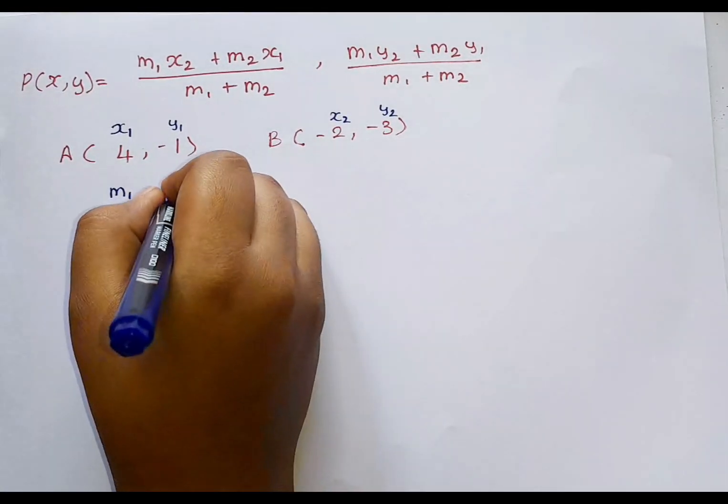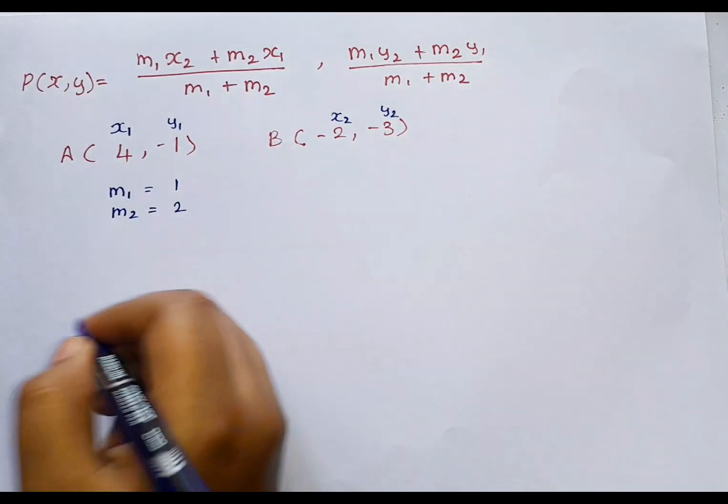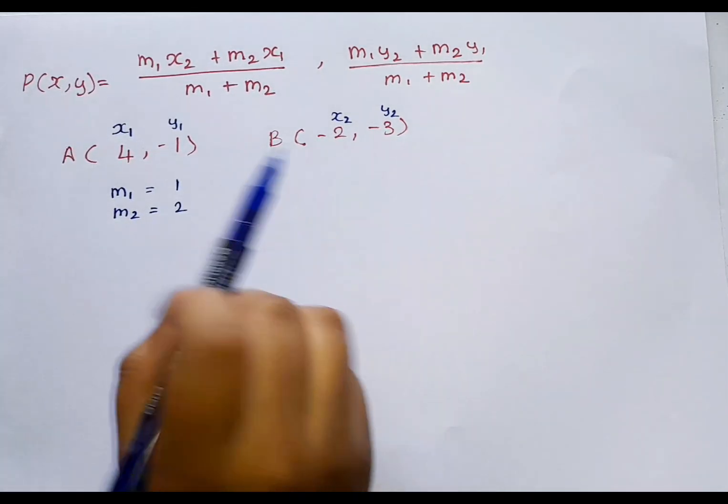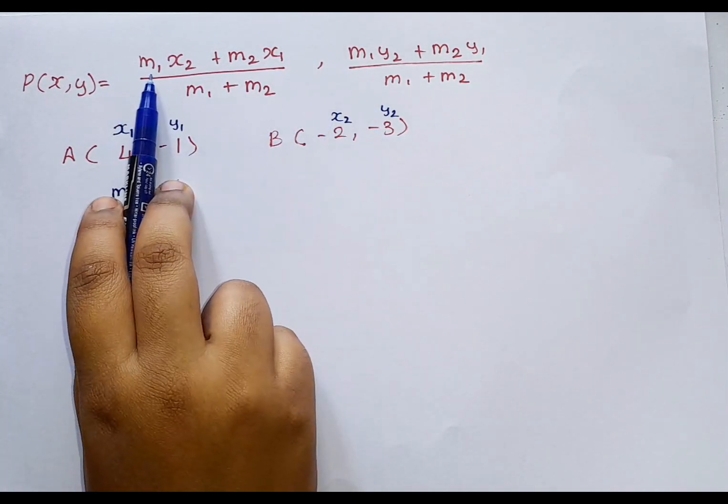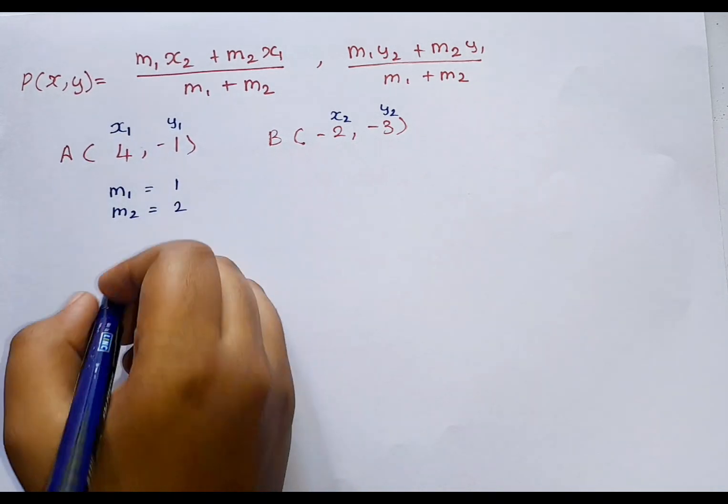So let us take m1 as 1 and m2 as 2. Now we can apply these values in this formula. First we have m1, so m1 value is 1.